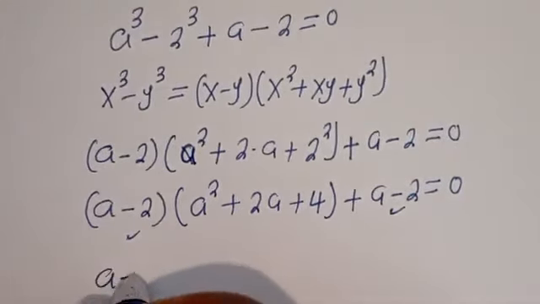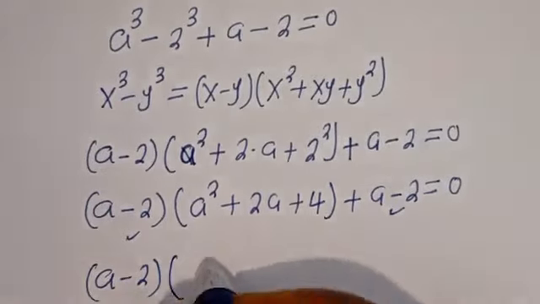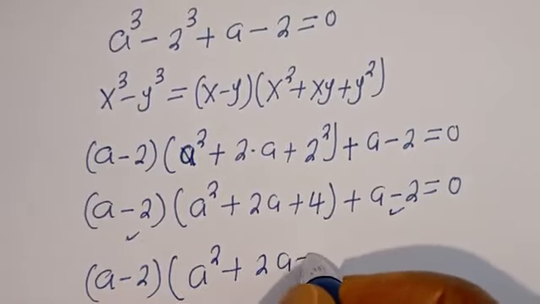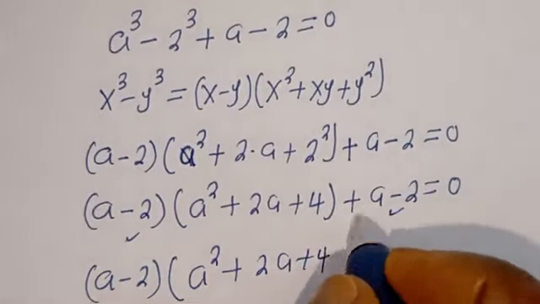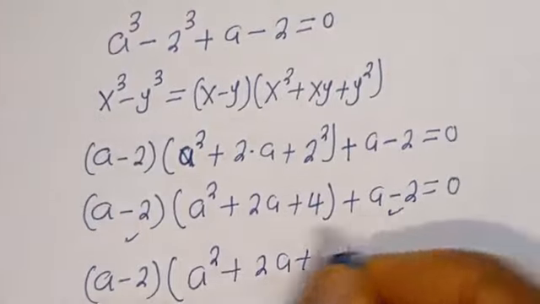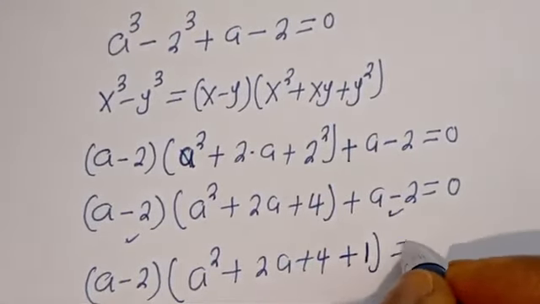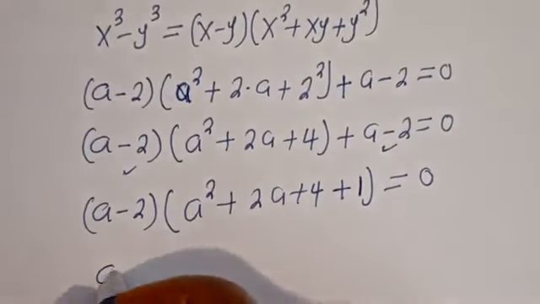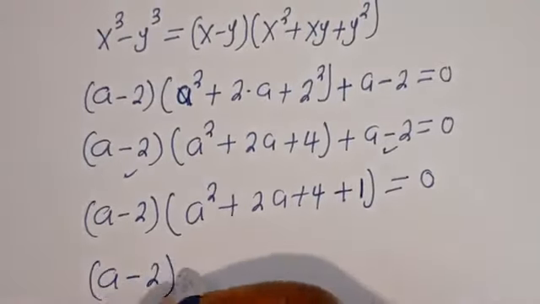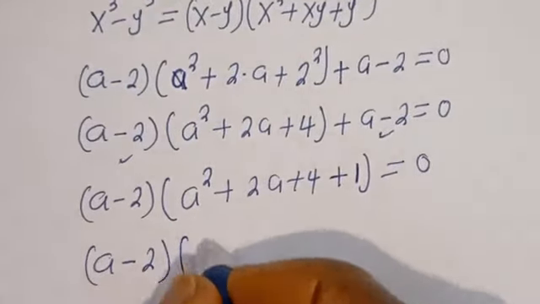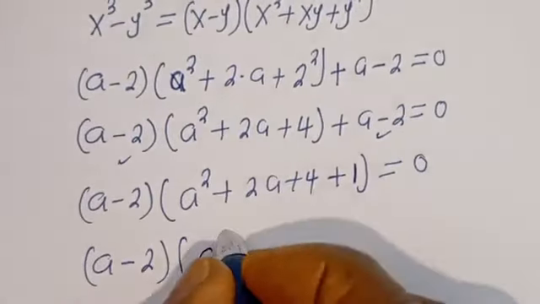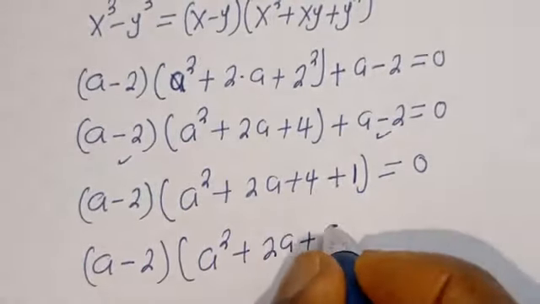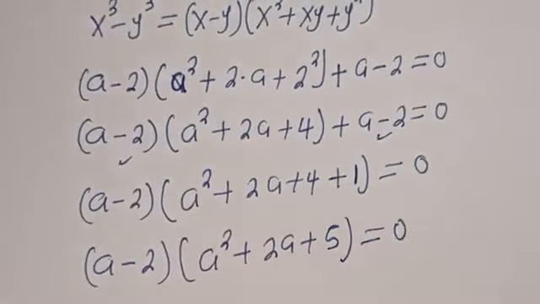We have a minus 2 bracket a square plus 2a plus 4, then plus, if you divide this by this, we have 1 is equal to 0. Here we have a minus 2 bracket, we have a square plus 2a plus 4 plus 1, that is 5, is equal to 0.